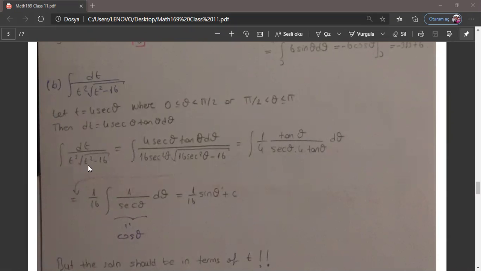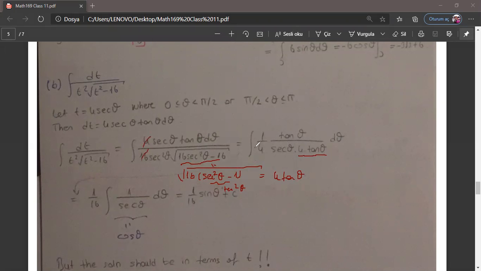And we write instead of t squared again this one, so we get this. Now here, what do we have? Here we have the square root of secant squared minus 1. Okay, so it is equal to 4, and this is tangent squared theta, right? Remember the identity.